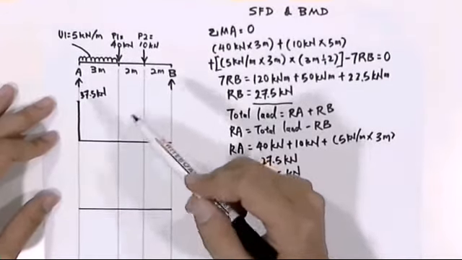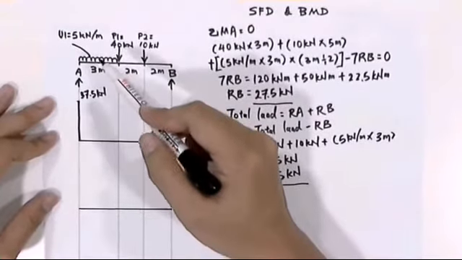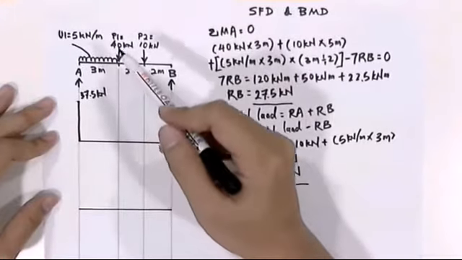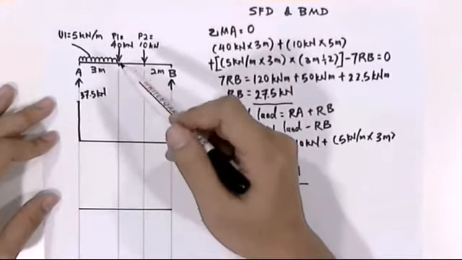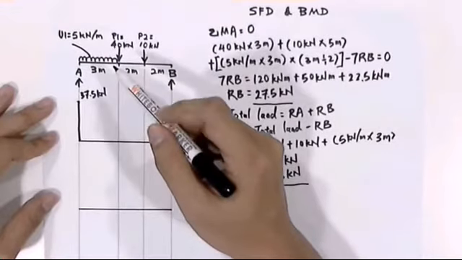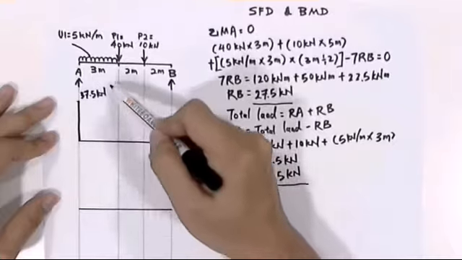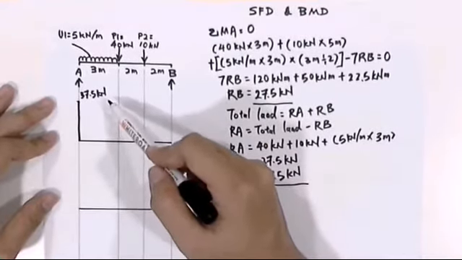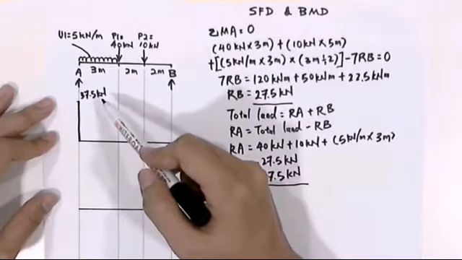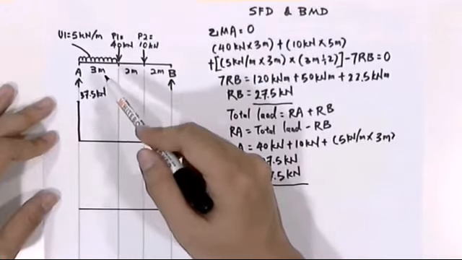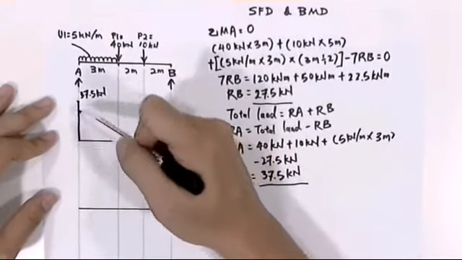What this uniform load will do to the shear force is create a force of 5 times 3 meter, so we have a force of 15 kilonewton. Therefore the value 37.5 kilonewton will be deducted by the number 15 kilonewton.